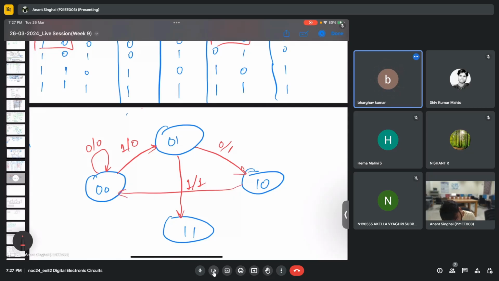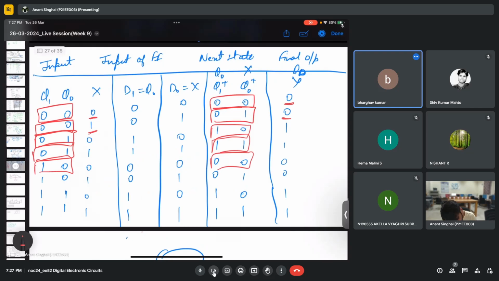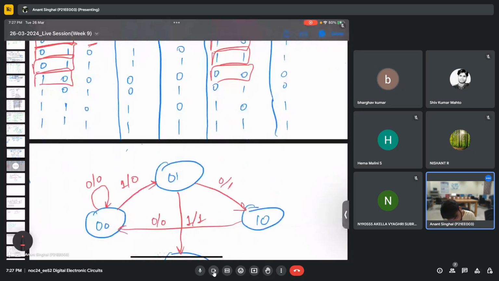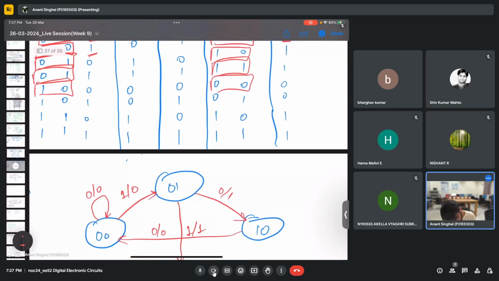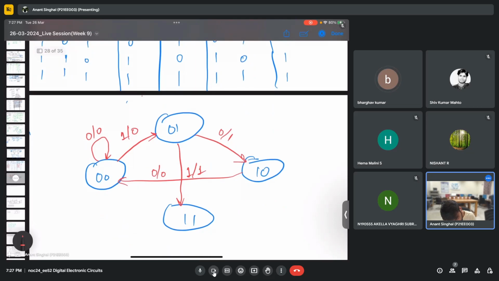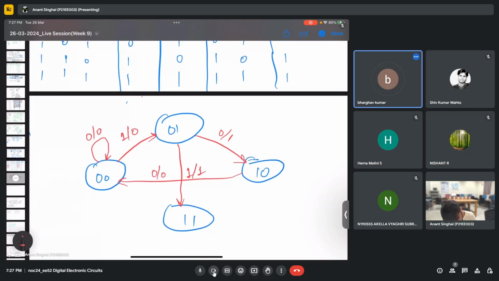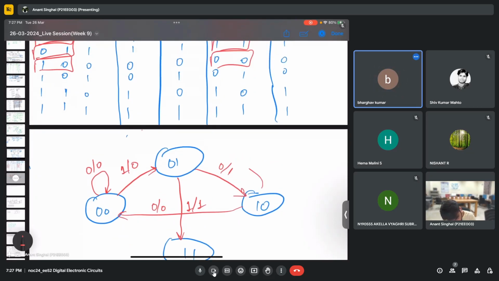And 1 0 is getting changed to 0 1 when it is 1 0.